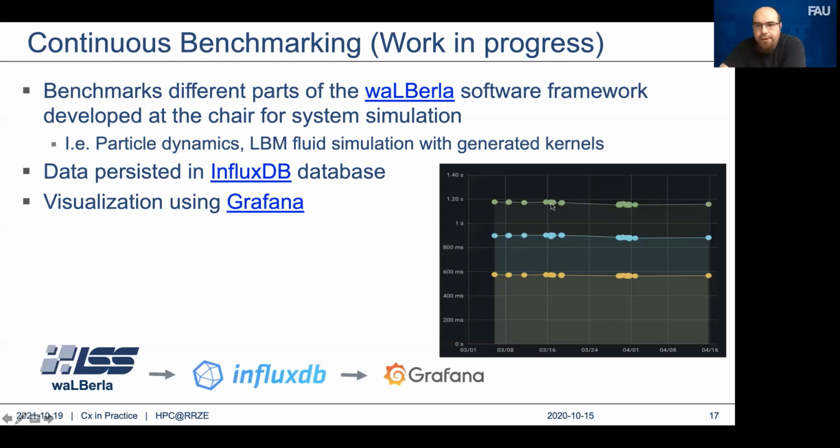So for each commit, you get a dot and the performance of the code at that CX run. And then you can directly see here between these two commits, the runtime went down, so it got a little bit faster for these two kernels.